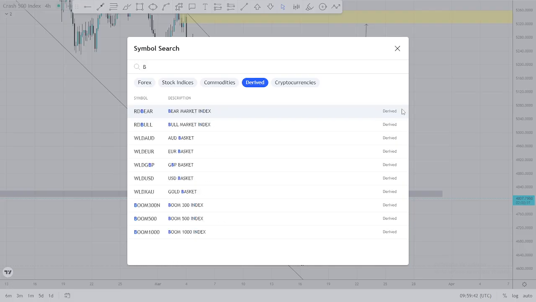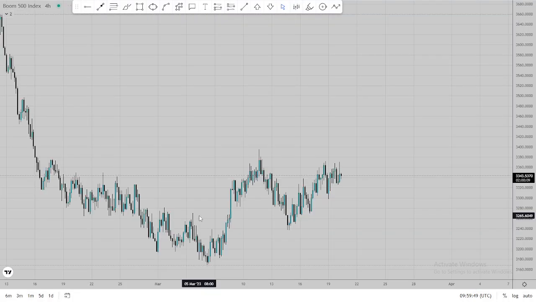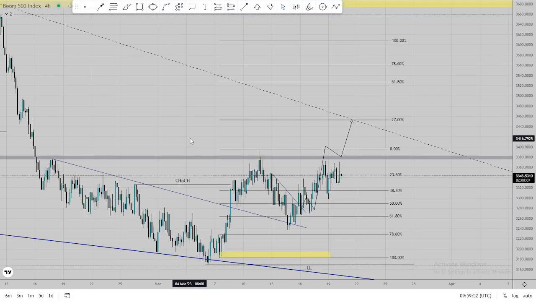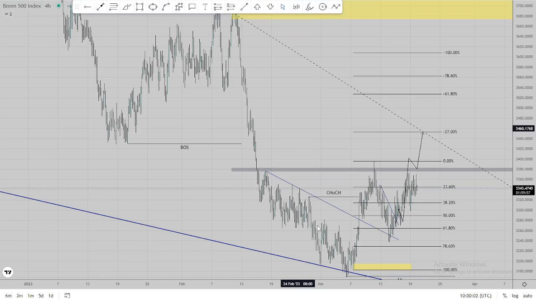Let's look at Boom 500. Right, Boom 500, I already had an analysis where I was anticipating the market to push up.